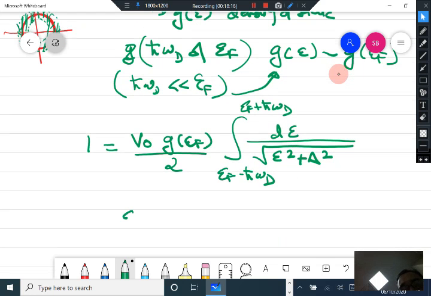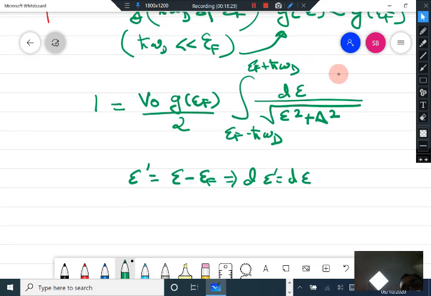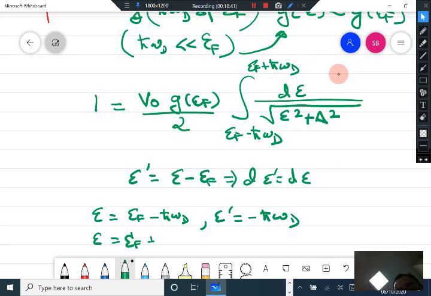Now I can take E prime equal to E minus EF. I can change the variables, then dE prime is equal to dE, and for the upper and lower limits, for E equal to EF minus h cross omega d, E prime would be minus h cross omega d, and for E equal to EF plus h cross omega d, E prime would be plus h cross omega d.